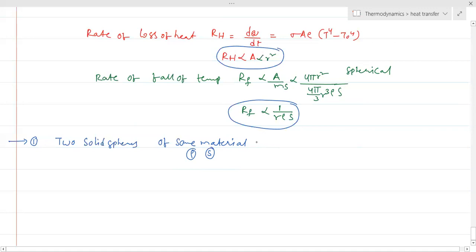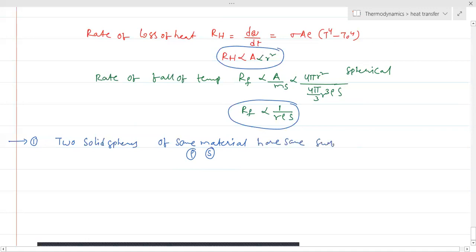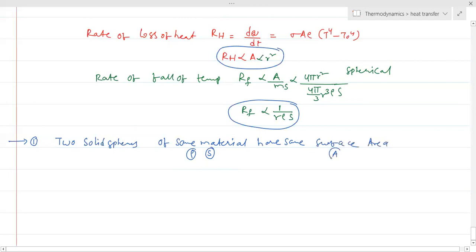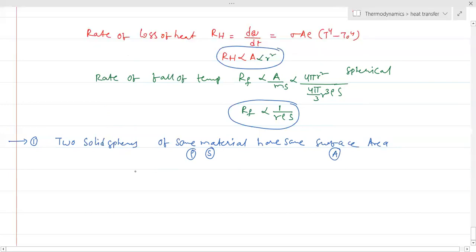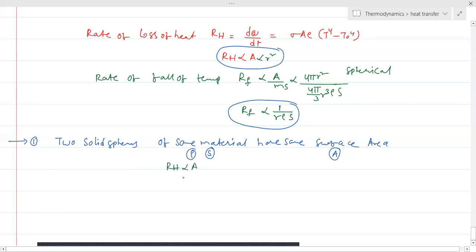And they have the same surface area. If the question is given like this, then discuss the nature of rate of heating and the nature of rate of cooling. Therefore, we will say that RH is proportional to area only. So RH is proportional to r square. That is a constant.